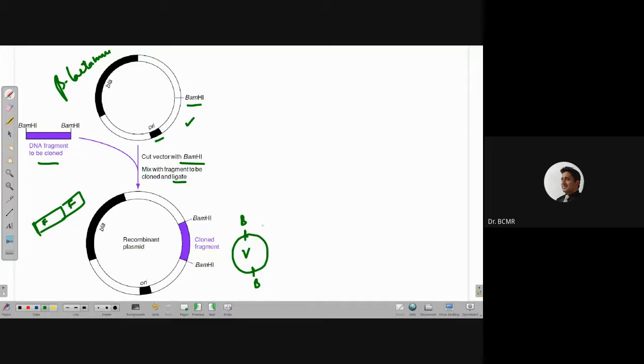If I put this into, now the next step would be transformation. And remember, this is the only recombinant one we are looking for, that the researcher is interested in.